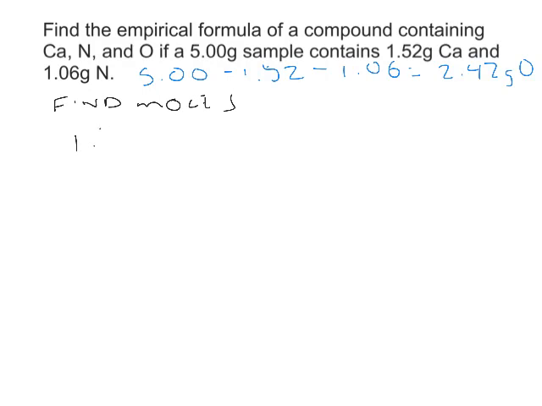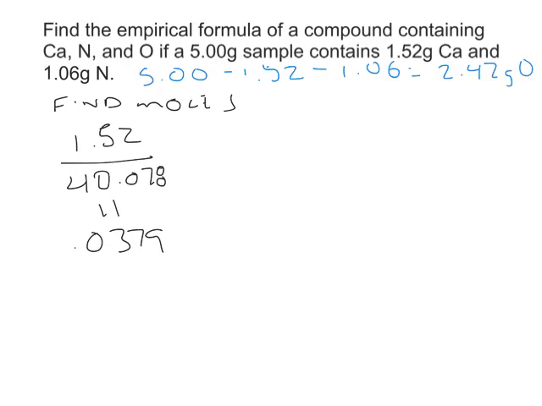So 1.52 divided by 40.078 gets me 0.0379. Like I said, I'm going to be careful with my sig figs here. I've got 3 sig figs there, so I'm going to keep 3 sig figs. I'm going to run with that on all my data.